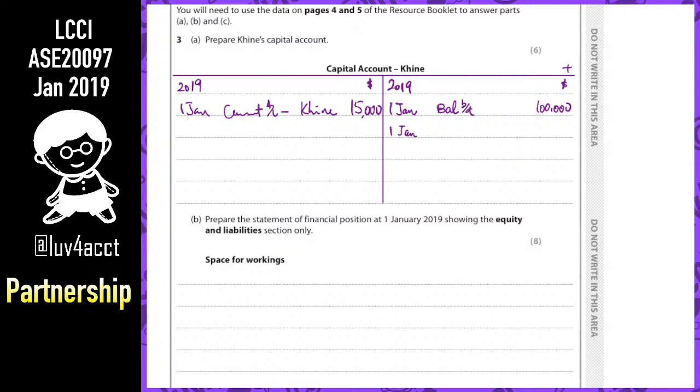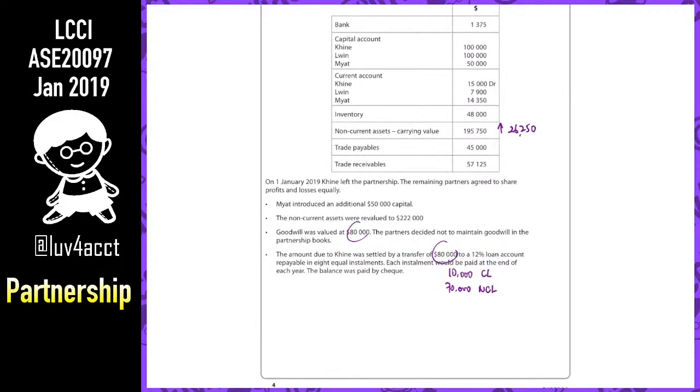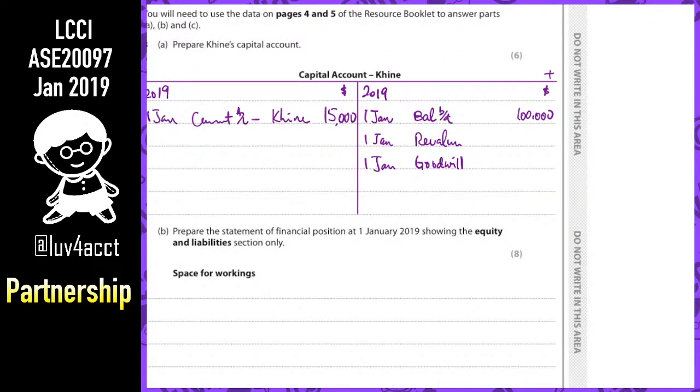So what else? You will have revaluation gain, you will have adjustment for goodwill, and then you will have the final settlement. For the revaluation, you are now sharing profits and losses in the ratio of 2 to 2 to 1, with Kind having 2 shares. The increase is 26,250 divided by 5 multiplied by 2, 10,500.